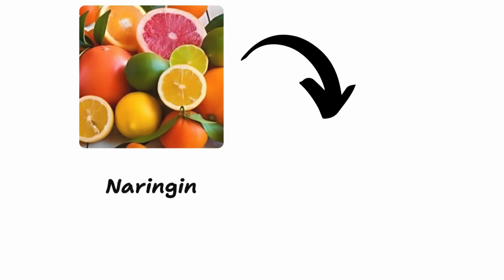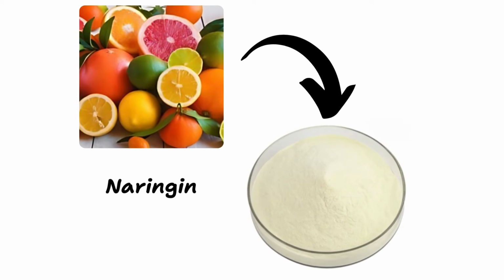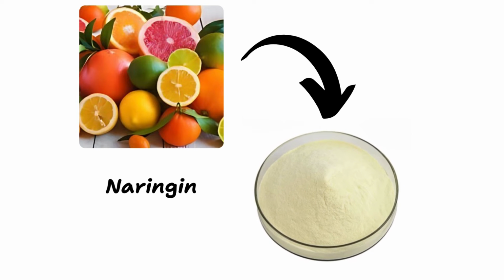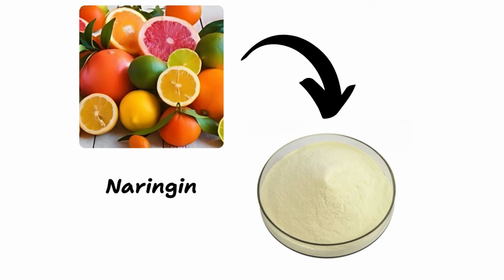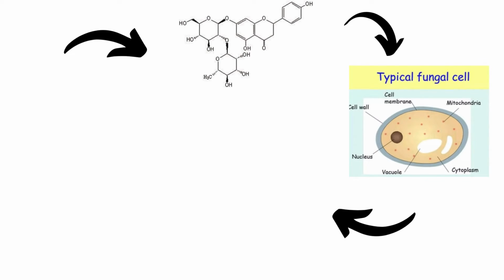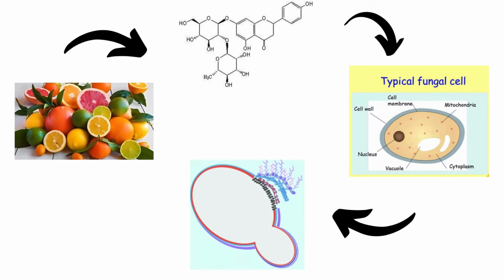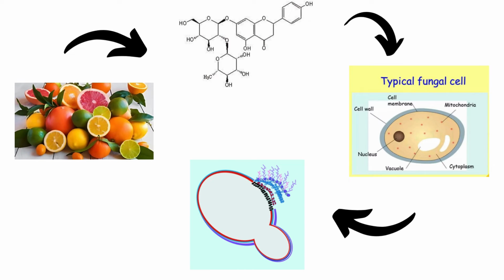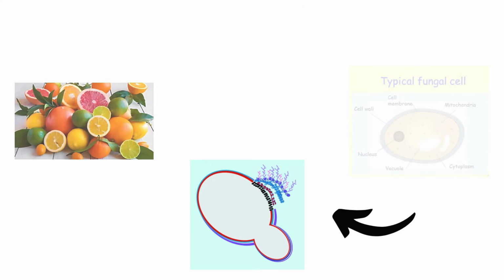The other way you can beat downy mildew organically is by the use of naringin. Naringin is a flavonoid compound and is found naturally in citrus fruits. Naringin exhibits antifungal properties against downy mildew, and its mode of action involves disrupting the cell membrane integrity of the mildew pathogens, leading to a leakage of cellular contents and eventual cell death.